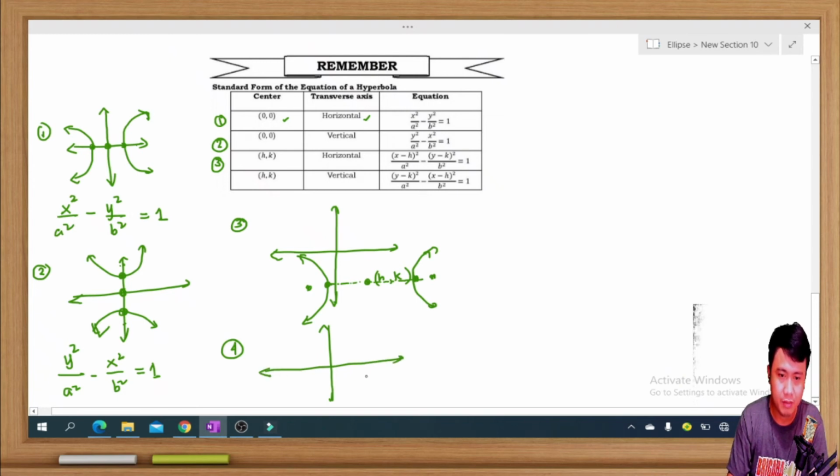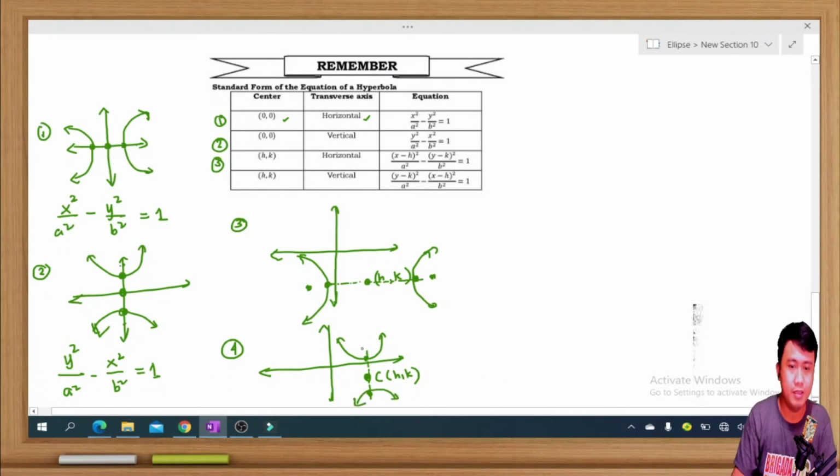Okay, what if ang ating transverse axis ay vertical naman? For example, andito tayo, dito yung center natin, HK, and pa-vertical naman yung ating transverse axis. Tapos nandito yung ating mga vertices. It opens upward and opens downward. Ito yung mga foci natin sa loob. Yan, so ganun lang po. Okay?